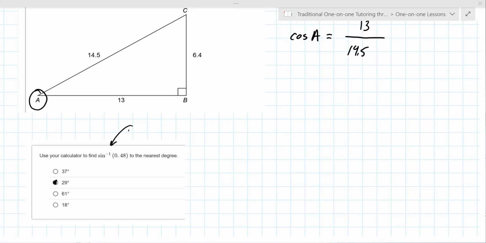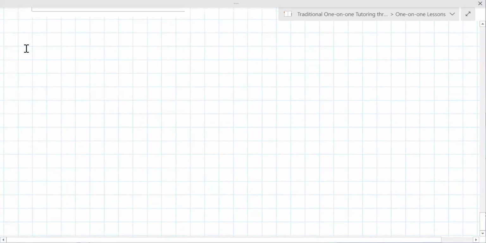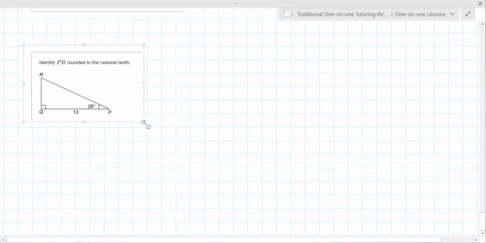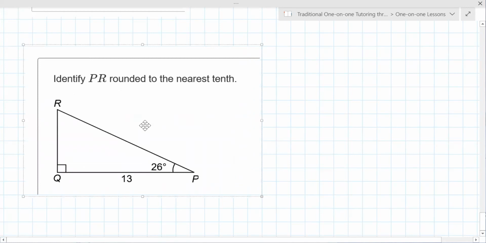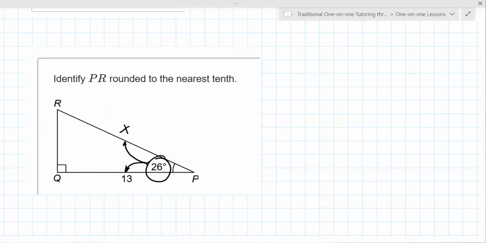This is related to one we just did. I'm trying to do the ones that are more recent first, so I think that'll be better for your learning. All right, so identify PR. Call that X. You're given 26 degrees. So what is 13 and what is X relative to 26 degrees? 13 is the adjacent and X is the hypotenuse. So which of the three trig functions should you use? Cosine.